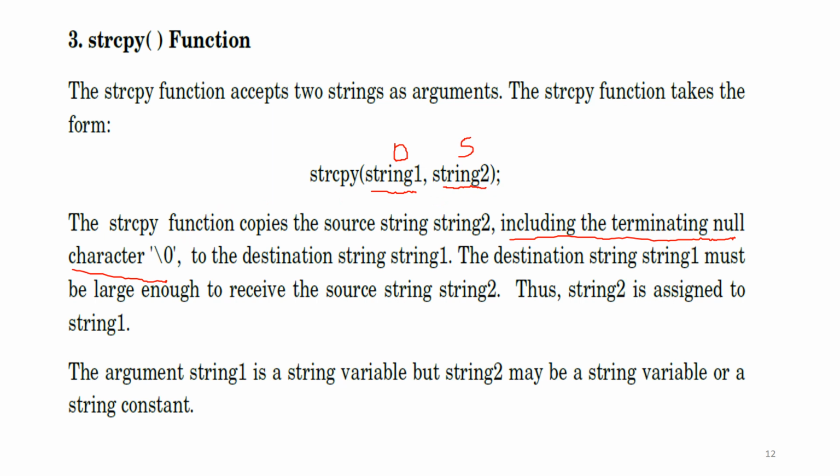The STRCPY function copies the source string. Here the source string is string 2 and the destination string is string 1. The function copies string 2 including the terminating null character to the destination string 1.